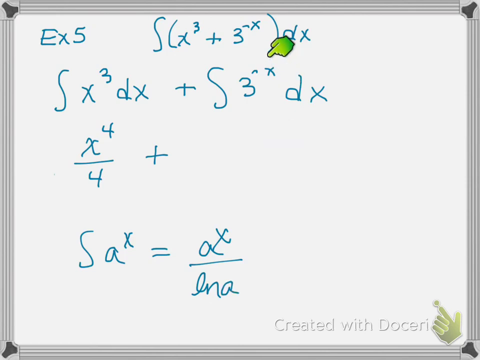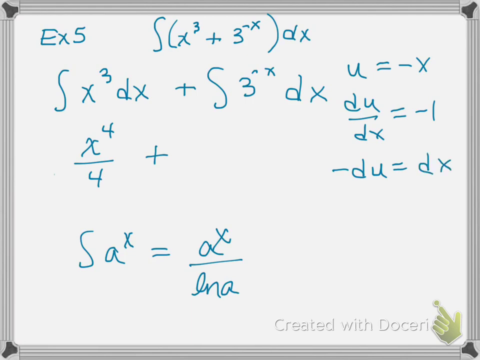All right, so since I have a negative on mine, I'm going to say let u equal negative x. And the derivative of u with respect to x will be a negative 1. So that means negative du is equal to dx if I multiply both sides by a dx.